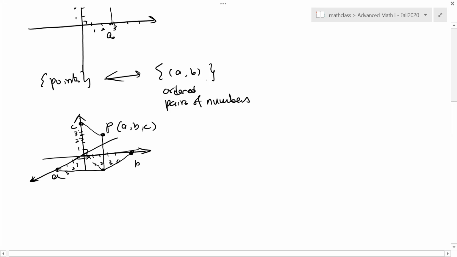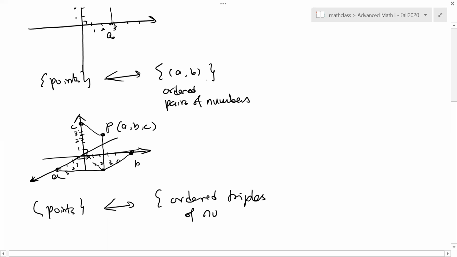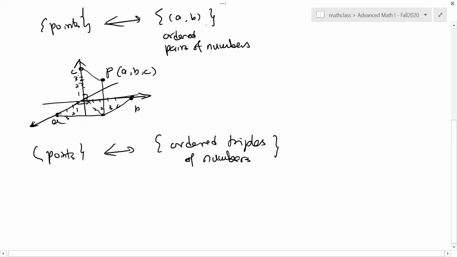So a point in space corresponds one-to-one to an ordered triple of numbers. Okay, so that's a coordinate system.